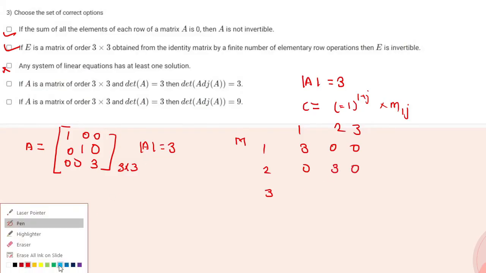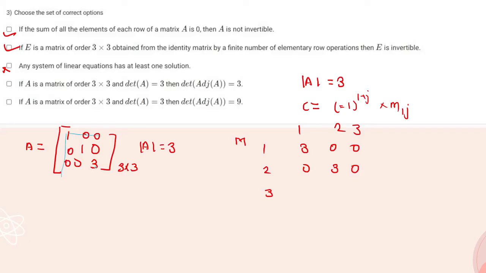How will we find the minor? We erase this row and column, then 3 times 1, 0. Similarly, when we go to the second column, erasing this one and this one, it will be 3, then it will become 0 and 1.